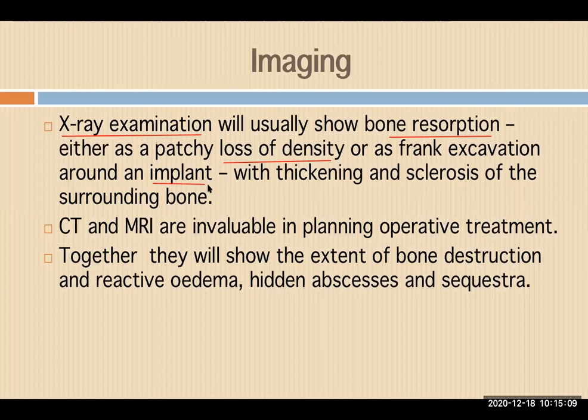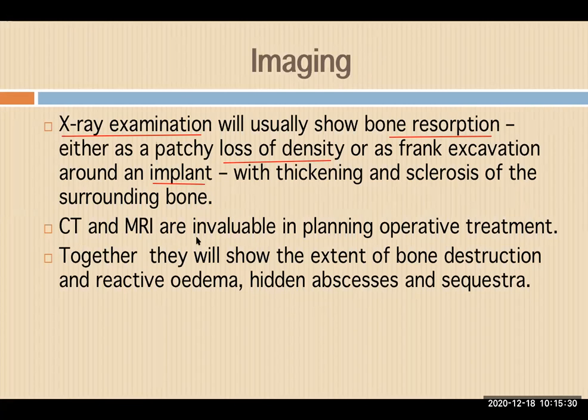Now, implant means we are talking about open reduction and internal fixation, like screws, nail, rod, isn't it? All these are called implants. So if they are also infected, then that may be a case of chronic osteomyelitis. There is thickening and sclerosis of the surrounding bone.